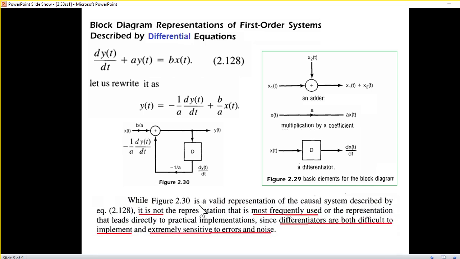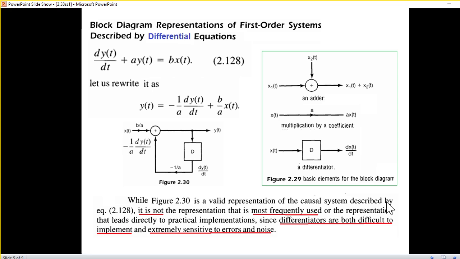We'll follow the same technique. Okay. This figure 2.30 is a valid representation for the causal system. I hope you remember what is causal system. A causal system depends on the present value and the past, not the future.